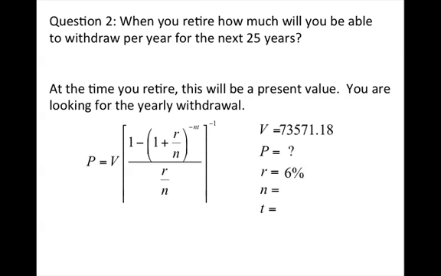It stays 6%. So if I divide by 100, it's 0.06. The N is the number of times it's compounded per year, so it's annually, which is 1. And the T is my time in years. This time I'm going to make the withdrawals for 25 years, so my time is 25. If I multiply the N times T, I get 1 times 25 is 25.